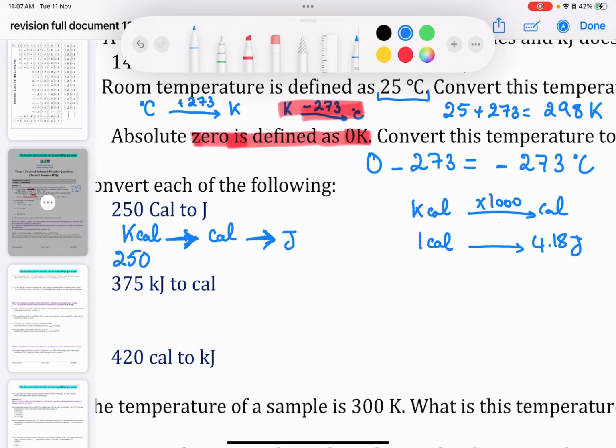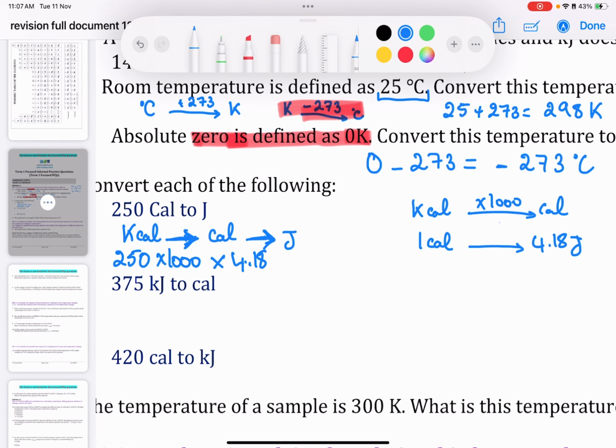So this 250, first of all, I'm going to multiply it by 1,000. Now I converted it to calories. And then again, I'm going to multiply it by 4.18 in order to get it to joules.